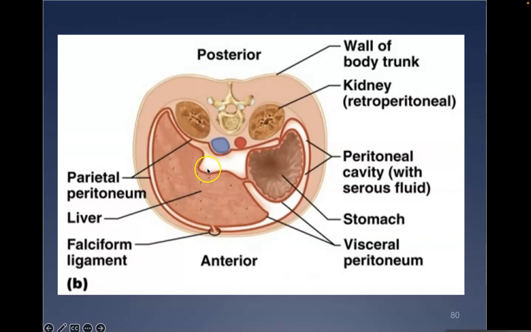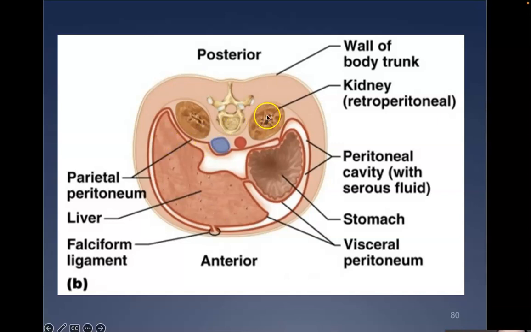Then there's a space in between, the peritoneal cavity, that has all the serous fluid, shown in white here. And then this outer layer is the parietal peritoneum, the outer layer farthest from the organs.